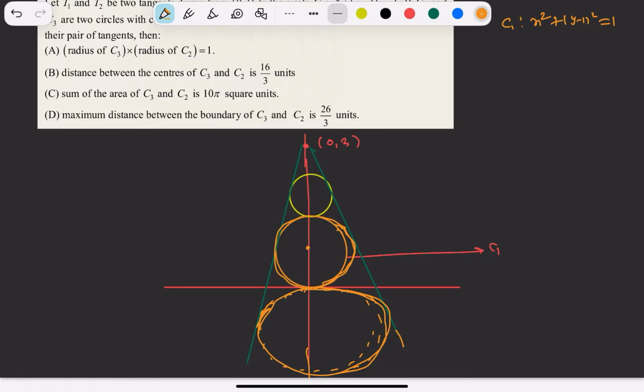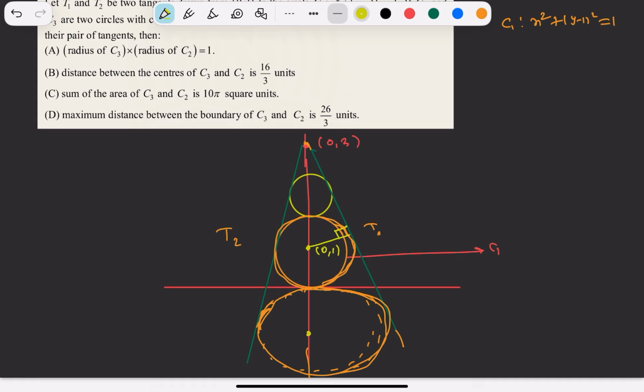Now what idea do we have? We can see that this is T1 and this will be T2. Few points we already know. This point is (0, 1). From the center, this will be perpendicular.